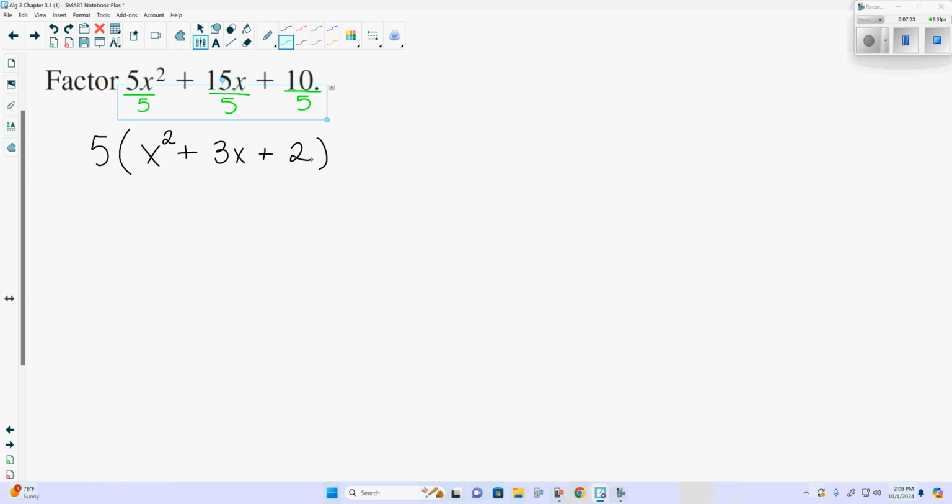Questions on first step? Anybody have a guess at step number 2? Because if we did distribute, we would actually get back to where we started.